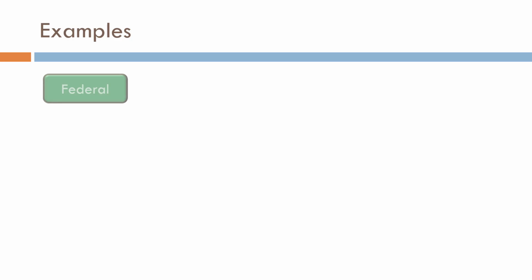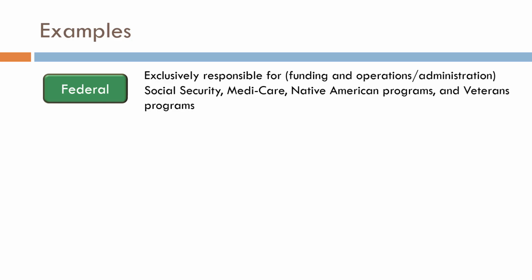So, for example, in very few cases is the federal government solely responsible for implementing or administering programs. So, in very rare cases, and these are those cases: Social Security, Medicare, programs for Native Americans, and programs for veterans.